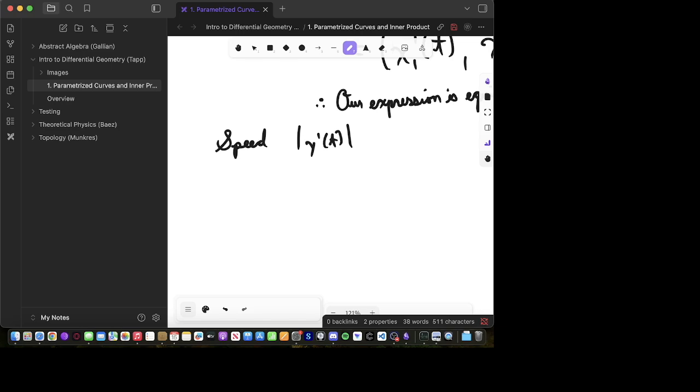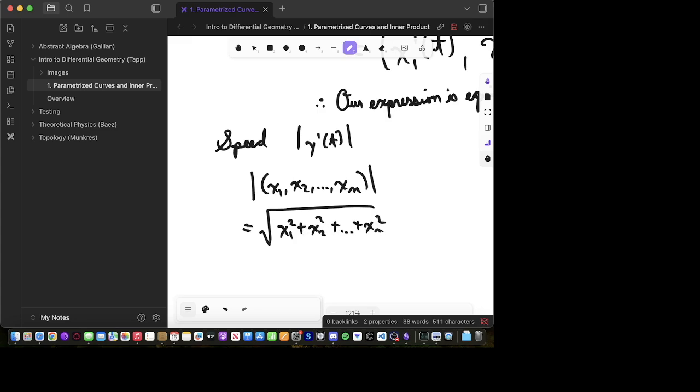And the norm is also called the length, and it has a specific formula. So if we have the norm of this vector, it's the square root of x1 squared plus x2 squared plus dot dot dot plus xn squared. That's basically the norm. So let me box that in.